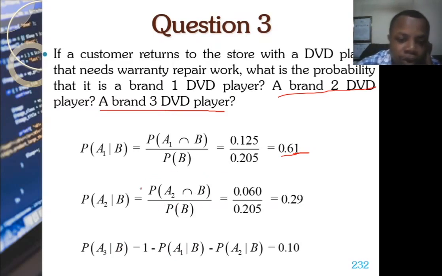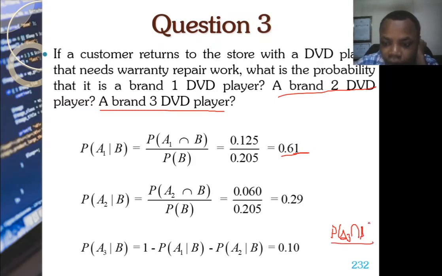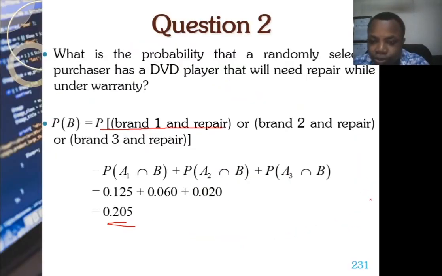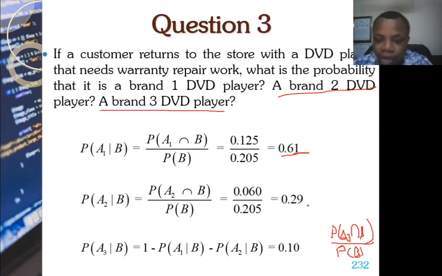You can go with the conditional probability, where this is the probability of A3 intersection B over probability of B. And remember, we've estimated our probability of A3 intersection B to be 0.02, over 0.205, and we are going to get about 0.10.